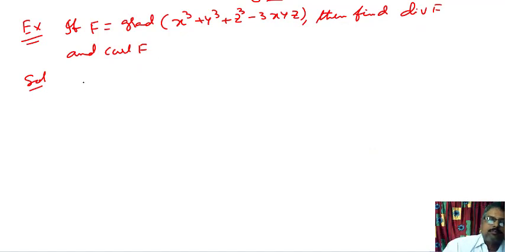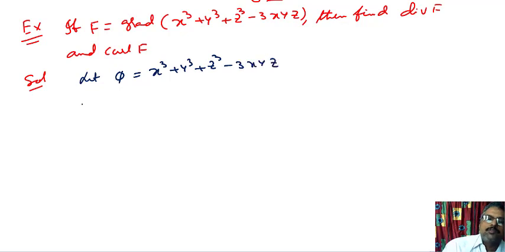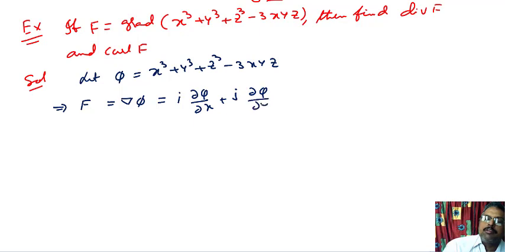First, let phi equal to, assume the inside function, x cube plus y cube plus z cube minus 3xyz. Now what is F? F equals gradient of phi or del phi. What is del phi? i dou phi by dou x plus j dou phi by dou y plus k dou phi by dou z.